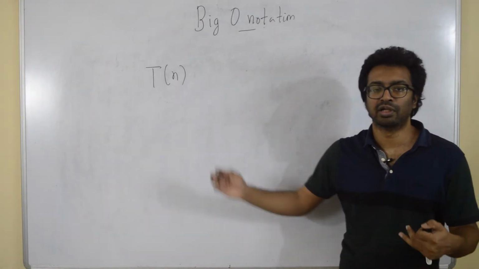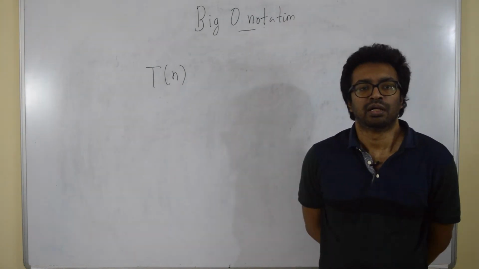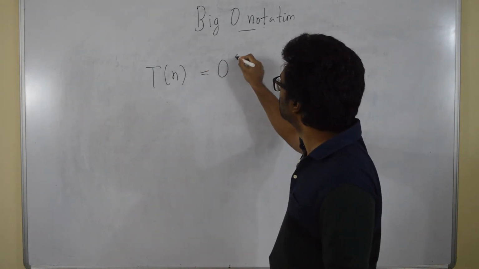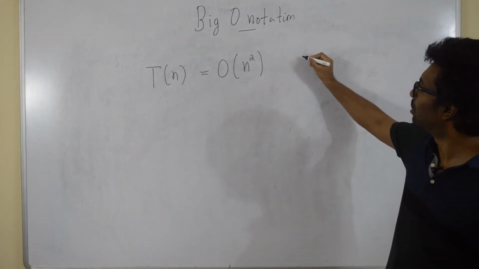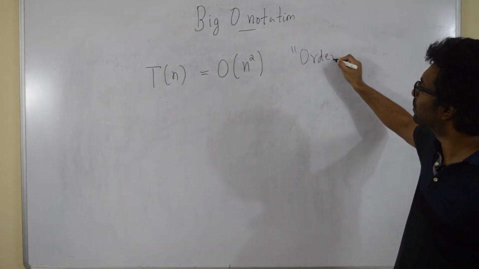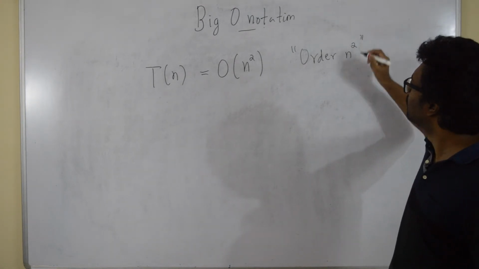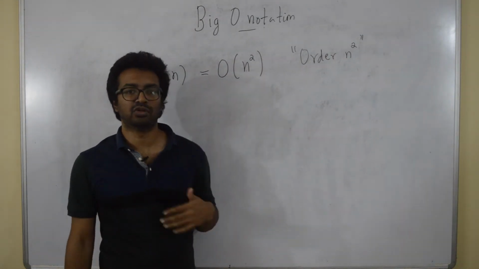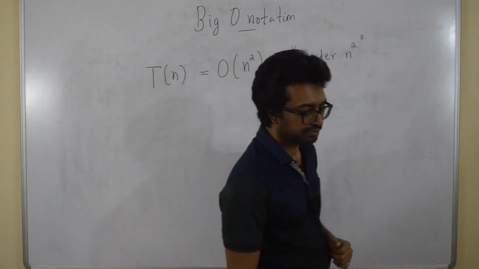The worst case running time of an algorithm which takes an input of size n, we say this is equal to O of n square, or we will even say order n square. These are the kind of phrases we will be using.